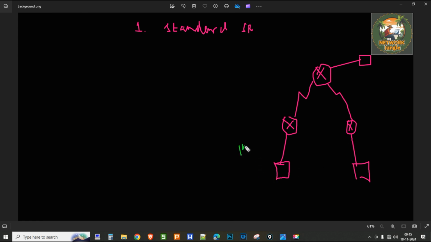For example, 192.168.1.1, then 192.168.2.1, here 2.2, likewise 3.1, 3.2.